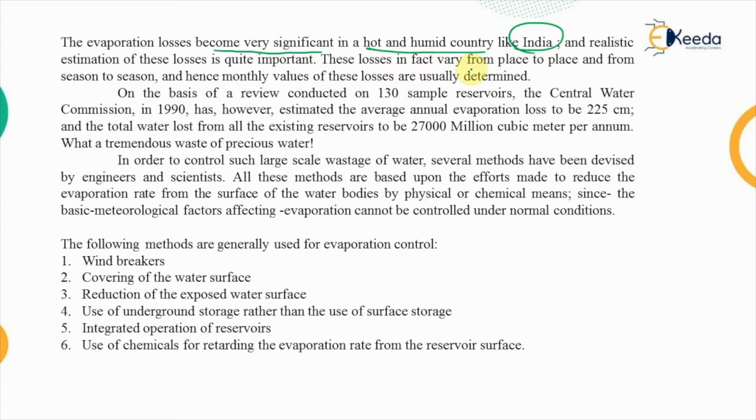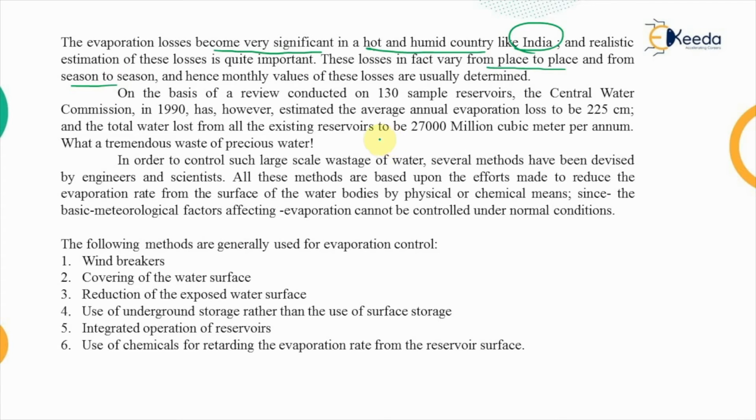So these losses vary from place to place and from season to season. For different regions and different places, the value of this loss will vary, and corresponding to the different months of the year, this value will be different.